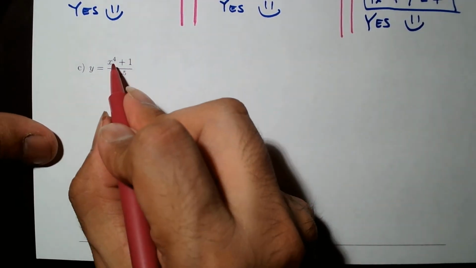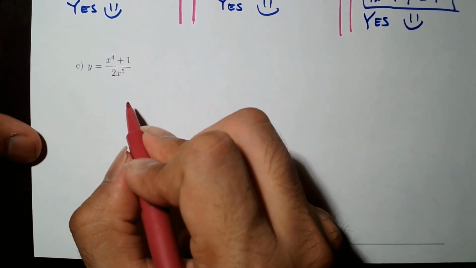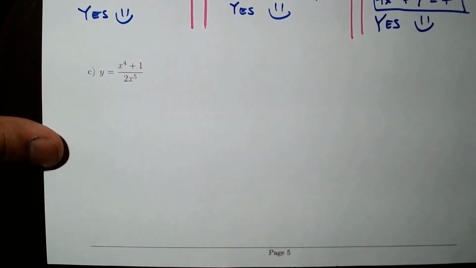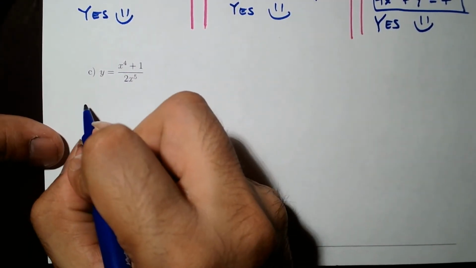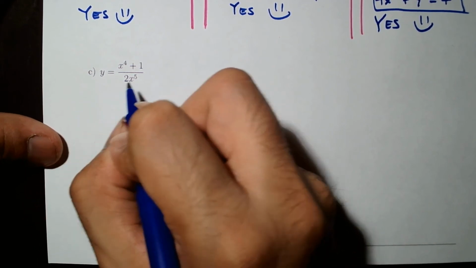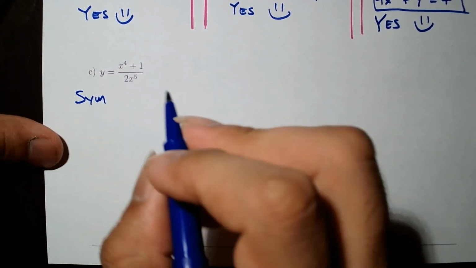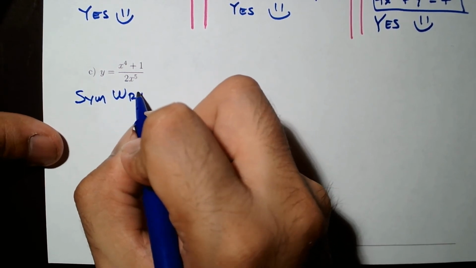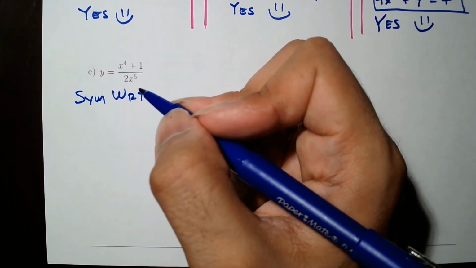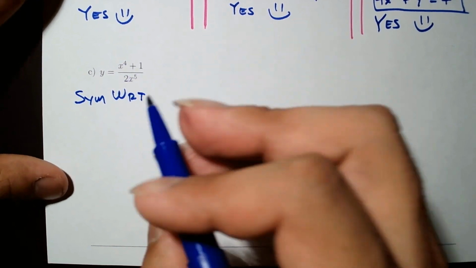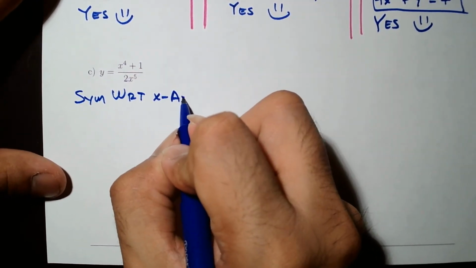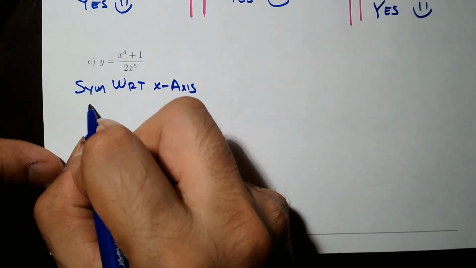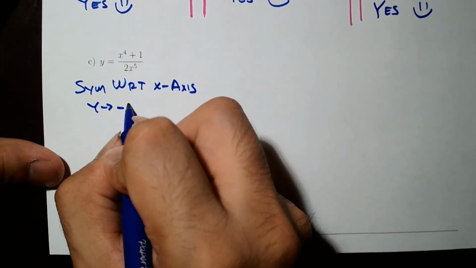So, y equals x to the 4 plus 1 divided by 2x to the 5th. So symmetry with respect to the x-axis, in this case, y becomes negative y.